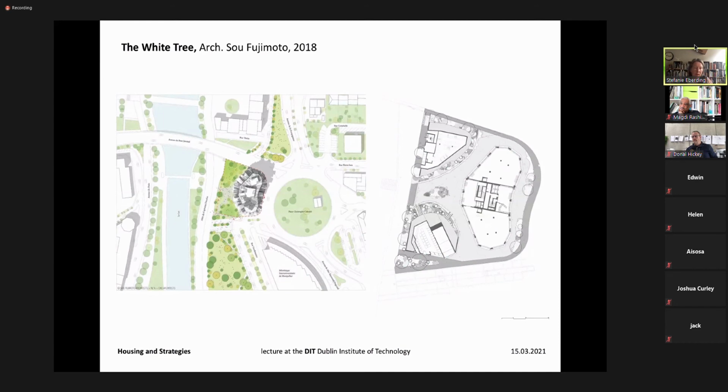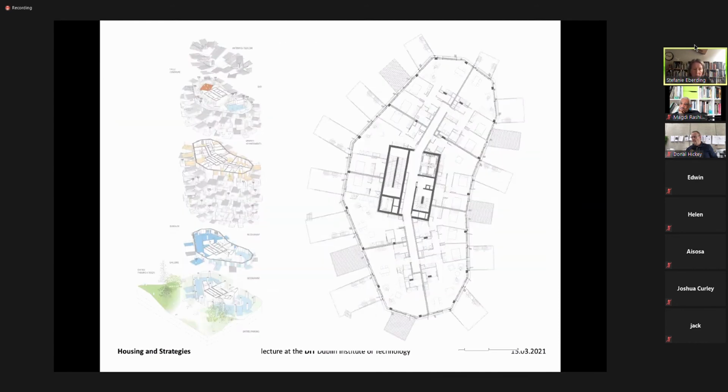So it's a mixed use building complex. You can see it in the isometric drawing that blue are the restaurants, the galleries, the shops, and then on top of it, you have the apartments with really expressionistic balconies.